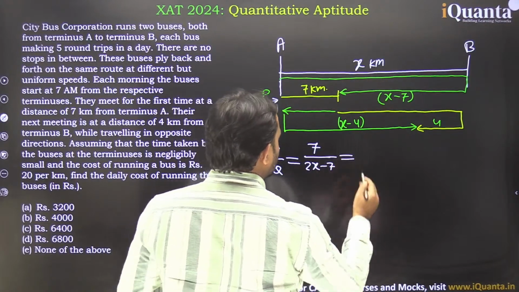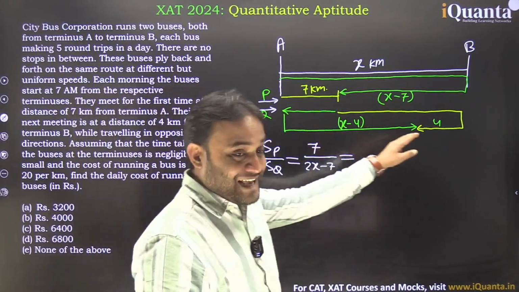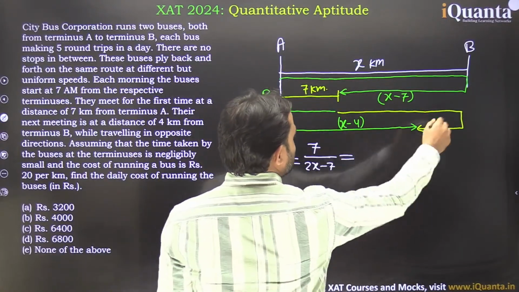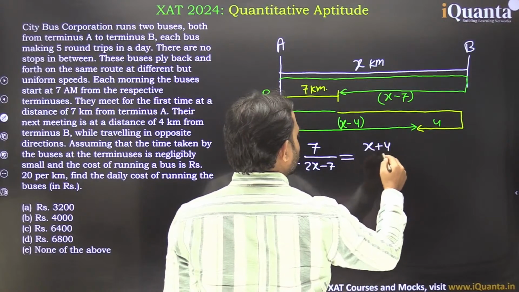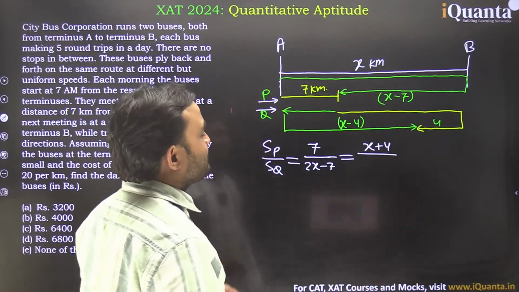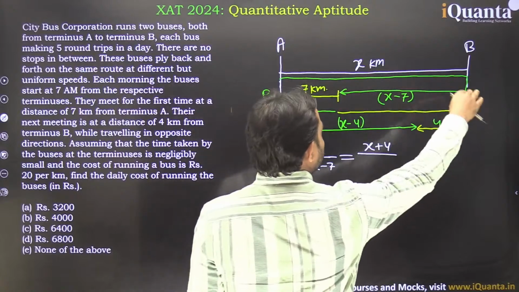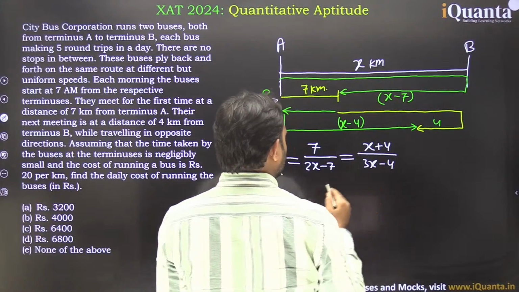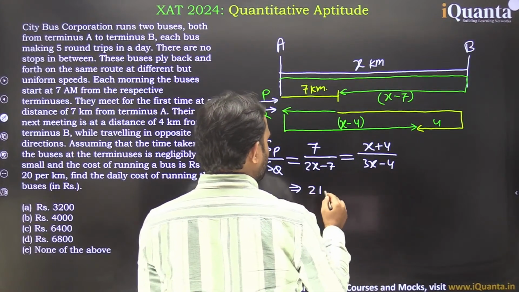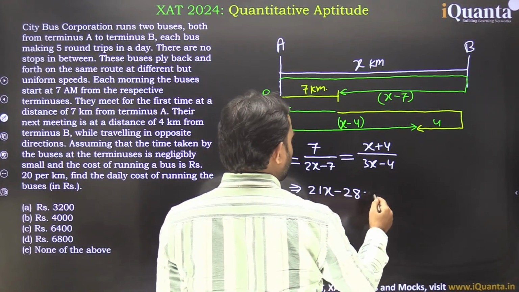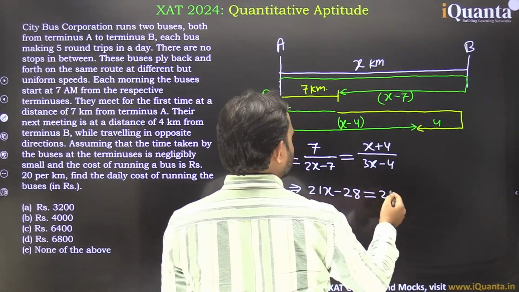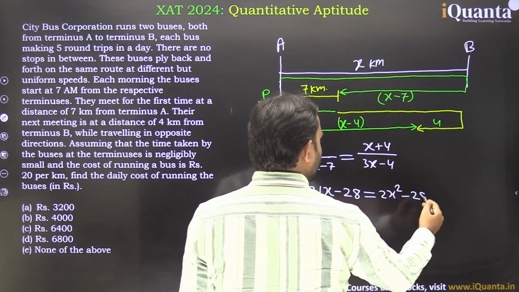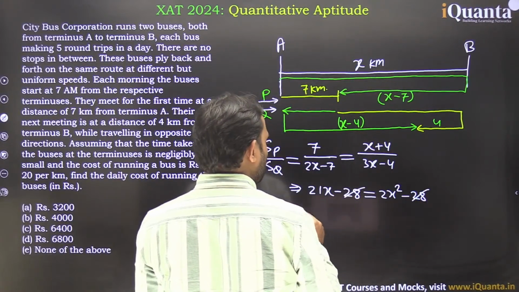This should be equal to, for the second meeting, the total distance covered by this yellow bus, X plus 4, and the total distance covered by the green bus, X and then X minus 4, so 3X minus 4. So from here we get 21X minus 28, 21X minus 2X square minus 28, so 28 cancels out.